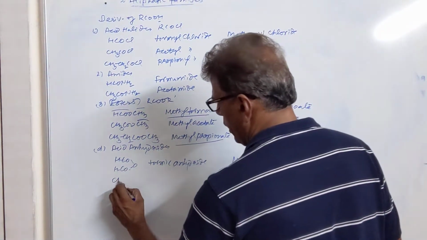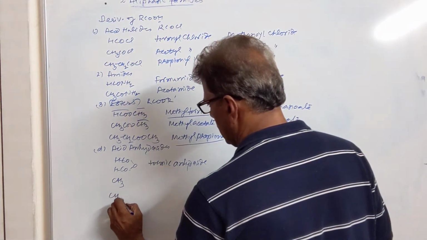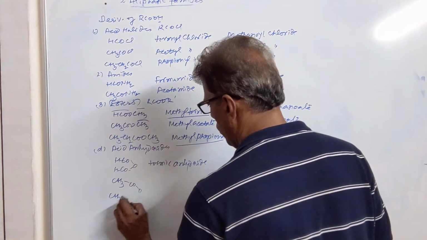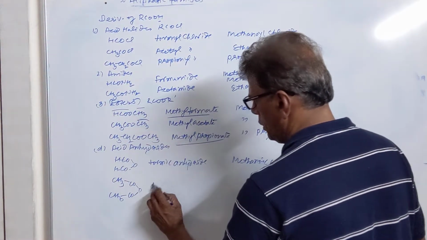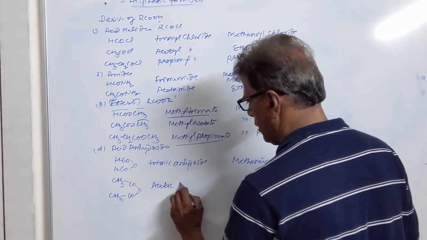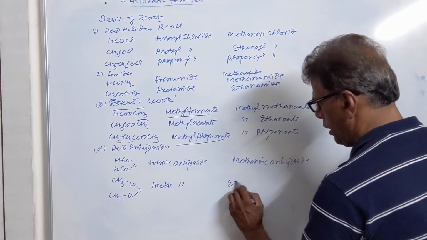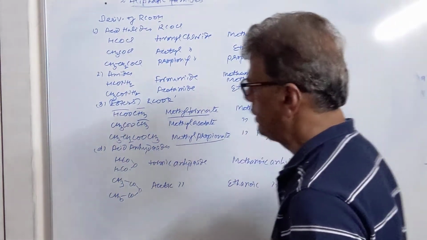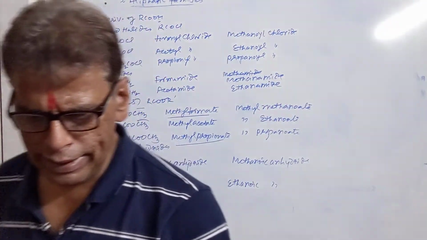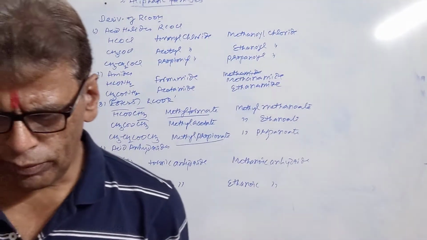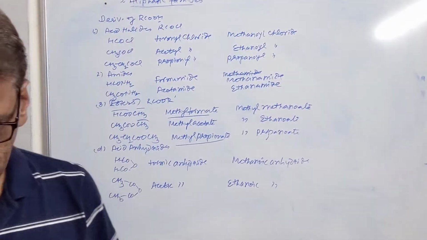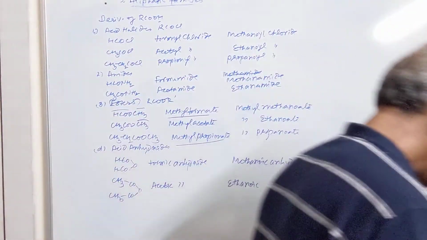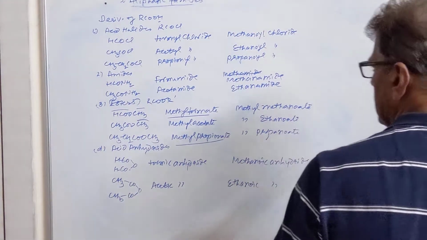Add CH2 here, we get CH3COOCOCH3. This is acetic anhydride, ethanoic anhydride. So these are the anhydrides. So these are the four families of the derivatives of alkanoic carboxylic acids.